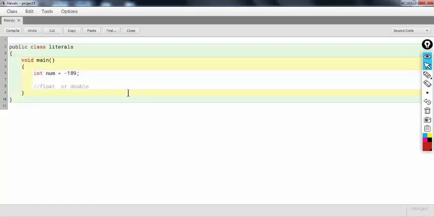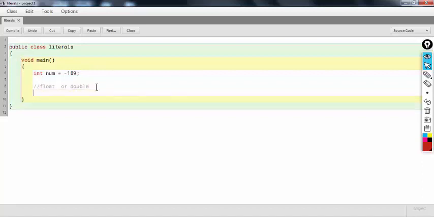So you can use either a float type or double type. For the moment, let's use double, and we'll see float and double in detail when we discuss data types. For the moment, we'll just create a double variable, and let us name it as num2. So double num2, and num2 will store our decimal value.